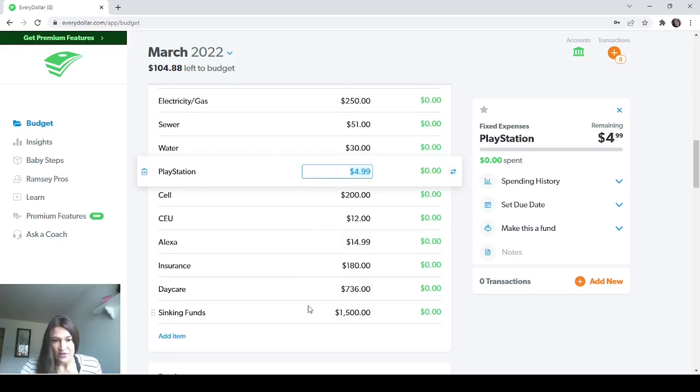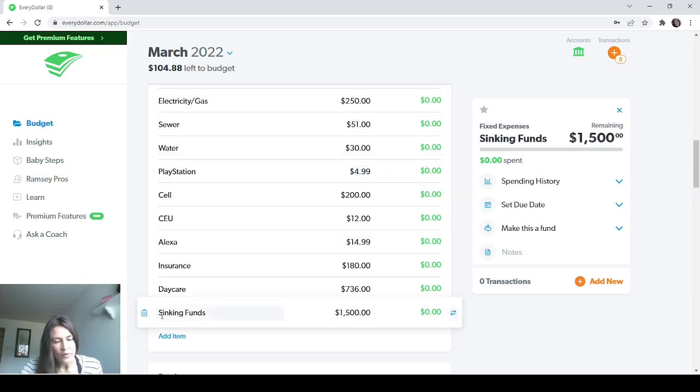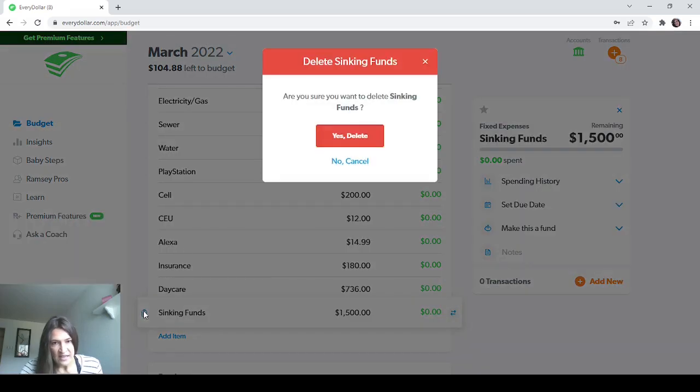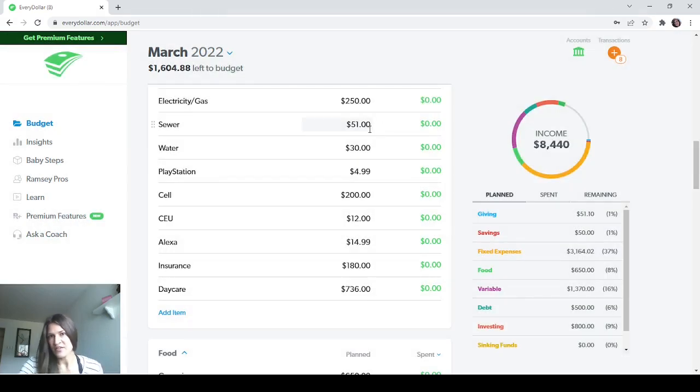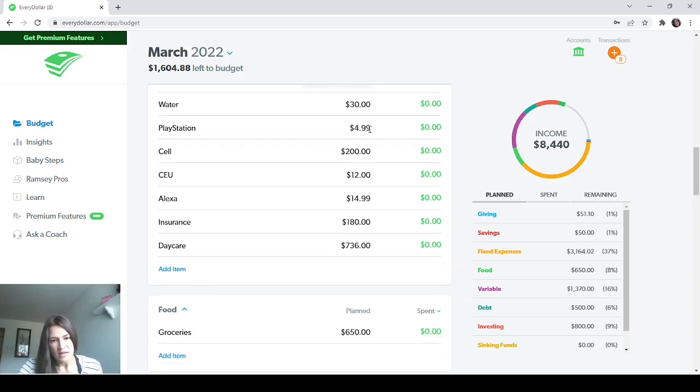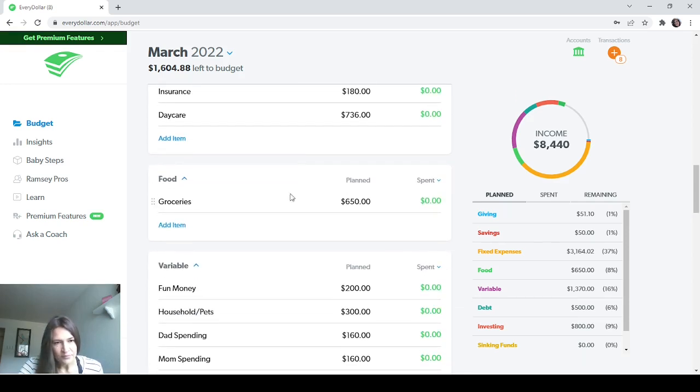Sinking funds. So this is another one I'm going to see how this goes. I'm going to delete this because I have my sinking funds further down under savings, which is really cool. And then this food, I'm going to merge with my variable expenses.